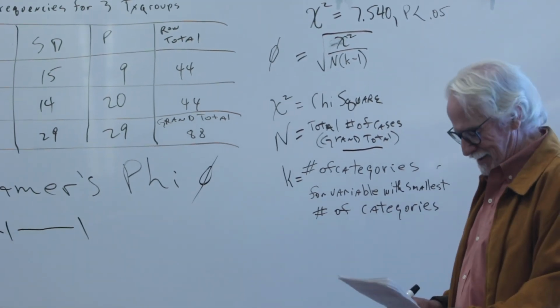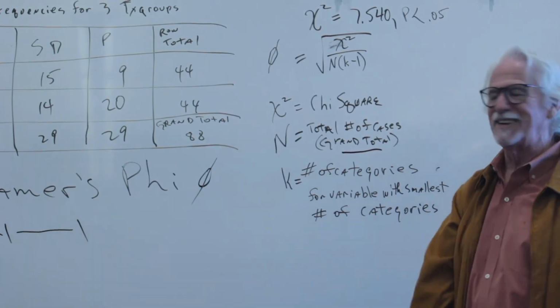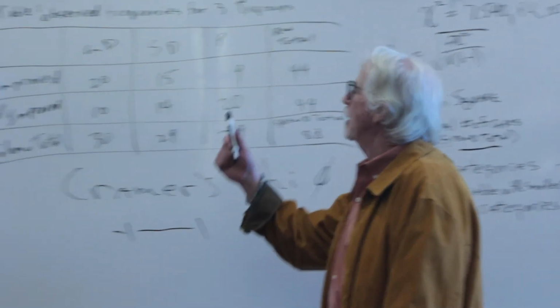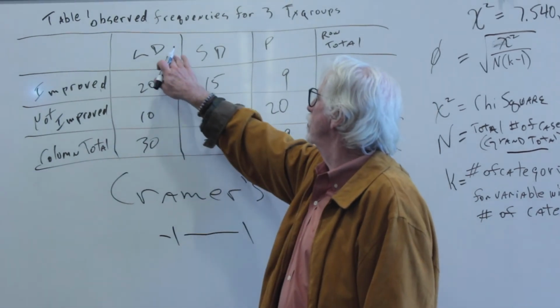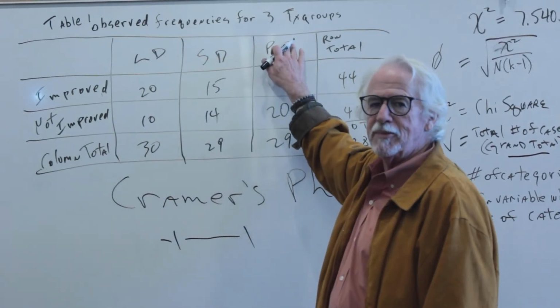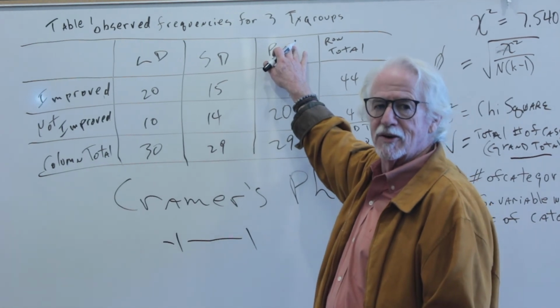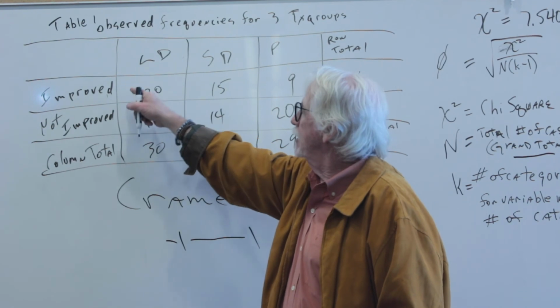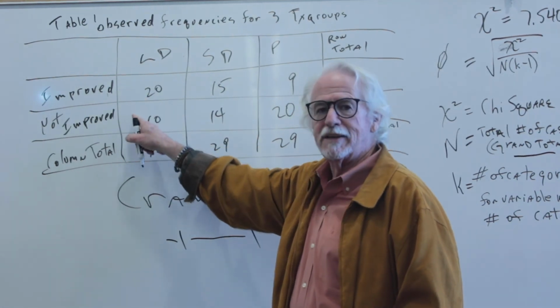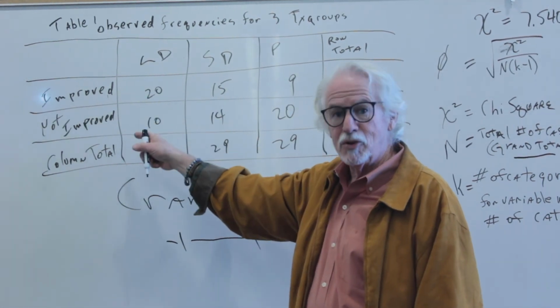And so let me tell you, this is on page 318 if you need to go back and revisit this. But we have the different categories. So the low dose, small dose, and placebo give us 3 categories for the dosage. But on the other side, we only have improved and not improved. So there's only 2 categories.